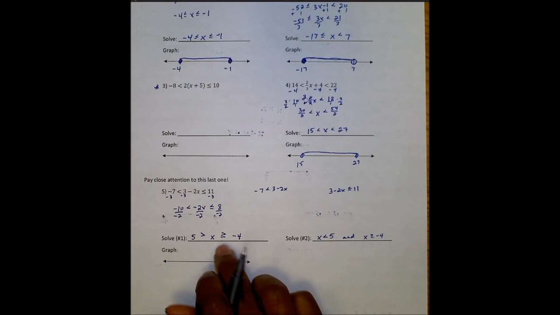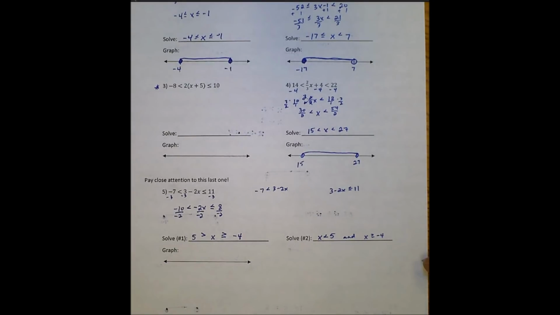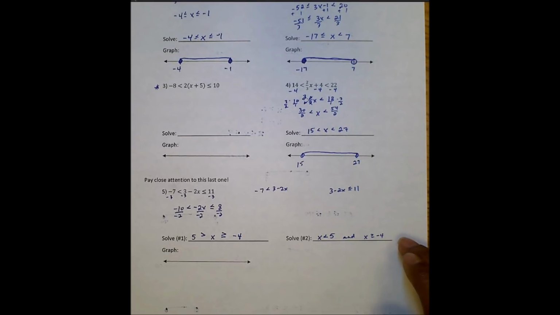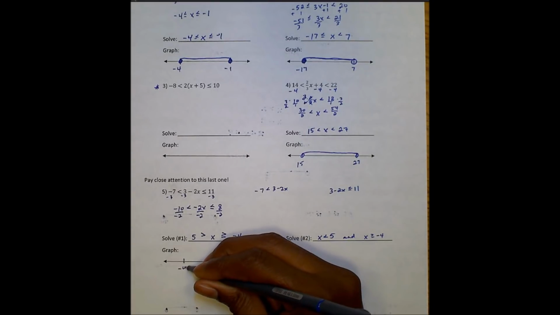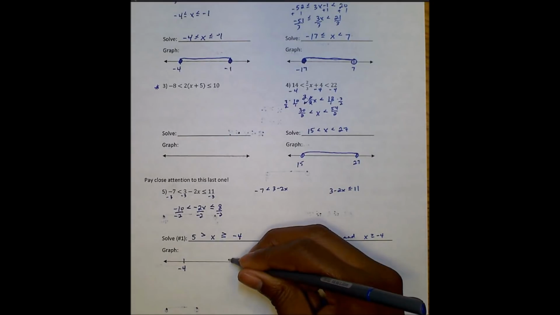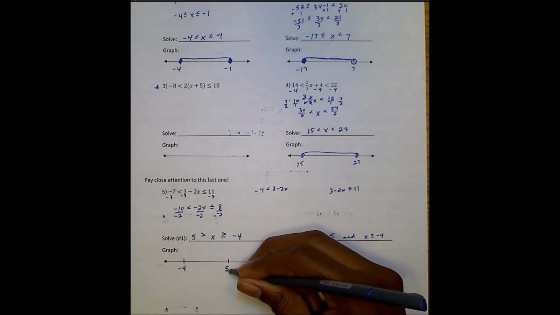So 2 ways that we can write those answers. I know we've been sticking with this combined way, but we can also write it with the and together. Either way, the graph will look the same. Negative 4 will go here on the number line. 5 will go here on the number line. So again, we're paying attention to where those things go, so it makes sense.